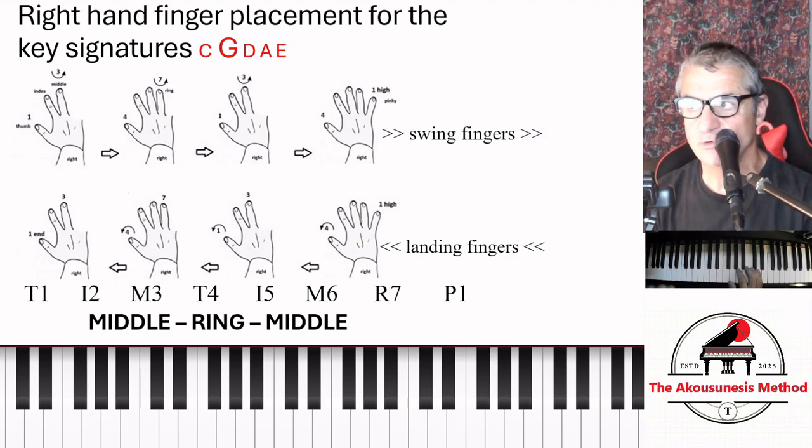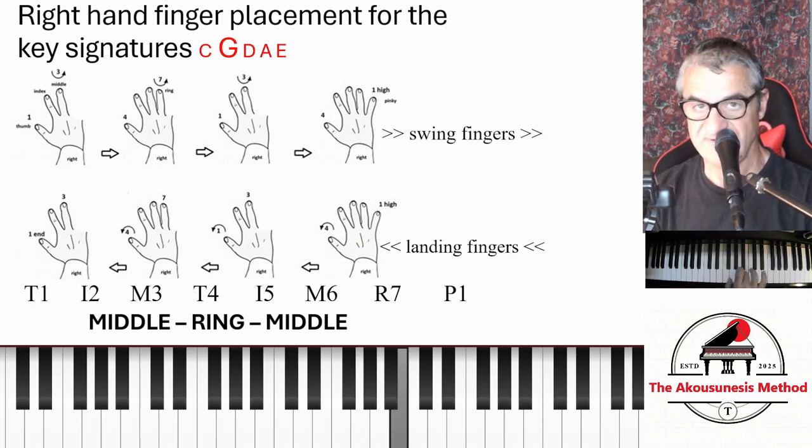It's going to be middle, ring and middle again, because if we start playing on G and we forget that finger, we get to the 5 and can't go any further. We've run out of fingers. So we need to remember where to swing, and it happens to be the middle. So we swing, bring our thumb under, line our fingers up, and keep on going up.